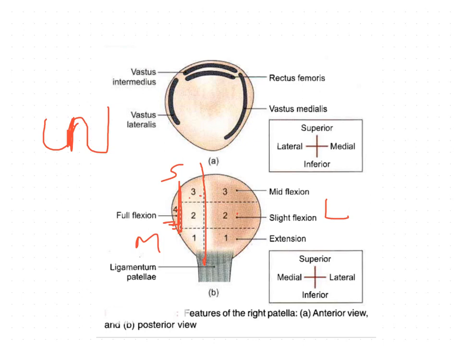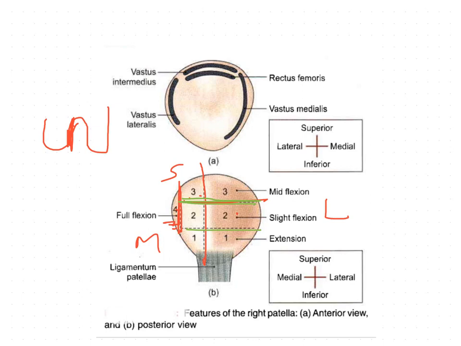The rest of the medial portion and the lateral portion of the articular surface are divided by two transverse lines into three pairs of articular facets.